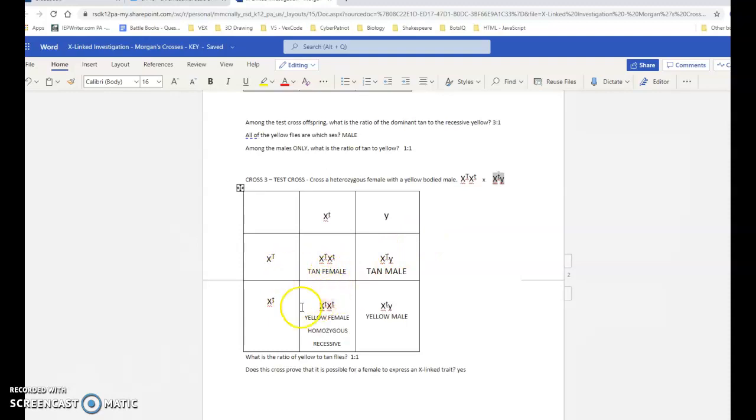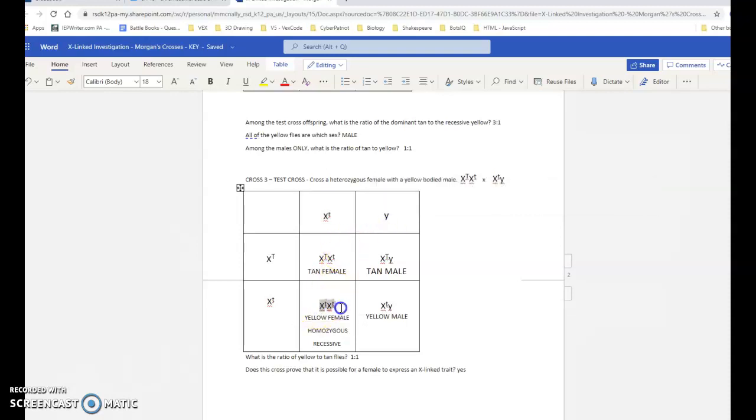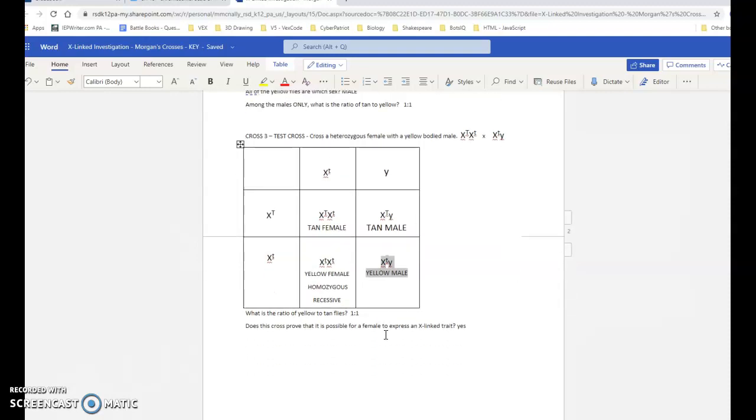Fine, we do this, and if we cross the heterozygous female with this individual who's hemizygous for the recessive, we get this outcome where we're homozygous recessive for a female. So now we see the recessive trait in a female, and we're also going to have an outcome where we have males showing the recessive trait.